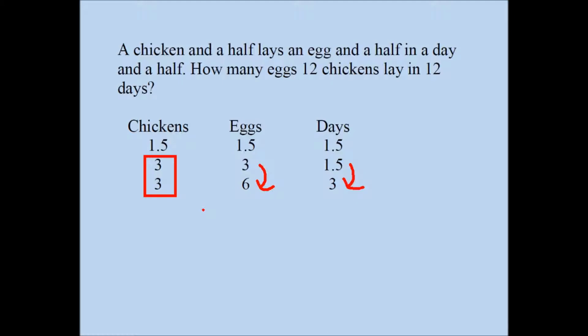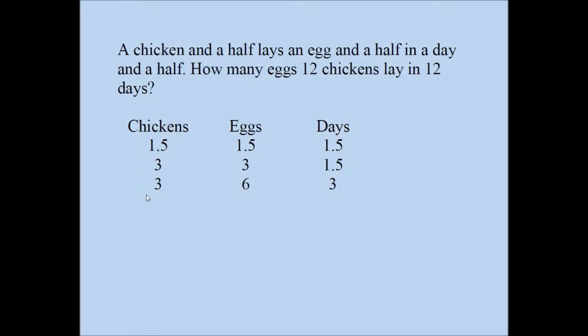However, what we need is a 12 here, a 12 here, a 12 here, and a box here. We're supposed to find the value of the box, and once we do it, we'll be finished. Okay, how do we get a 12 here?